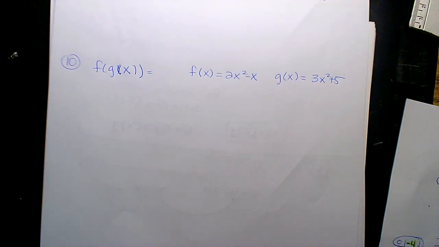We're going to do a composite, which means I'm going to take the g function and substitute it into the f function wherever there is an x. If there's one x, then I only substitute it once. If there's 2, I'm substituting twice. Okay, so this is one of those where I'm going to substitute twice, and I have to FOIL or expand.